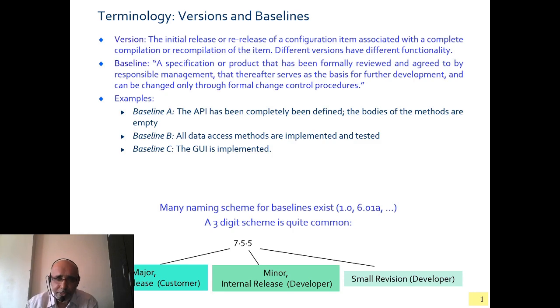So here 7 is the major release. 0.5 is minor, and again 0.5th variation of the compilation recompilation as related in small revision.